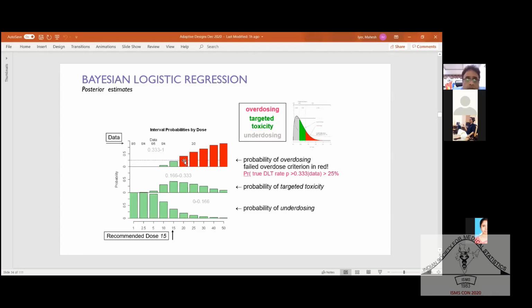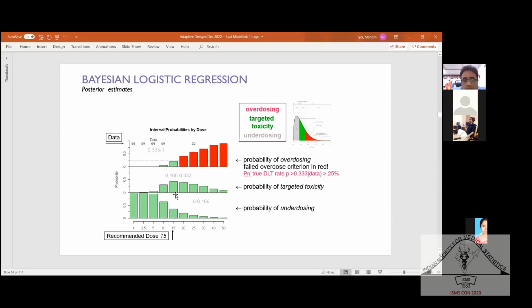Already you can see that from dose level 20 onwards, the probability of overdosing increases to more than 25%. So dose levels 10 and 15 are okay in terms of overdosing. Now look at targeted toxicity.